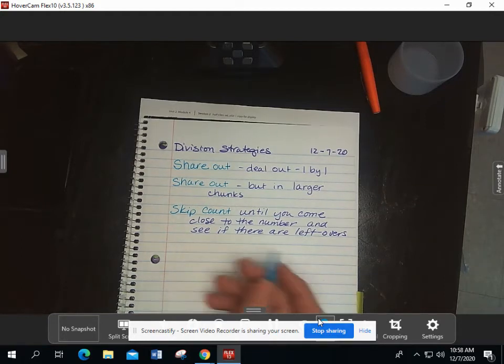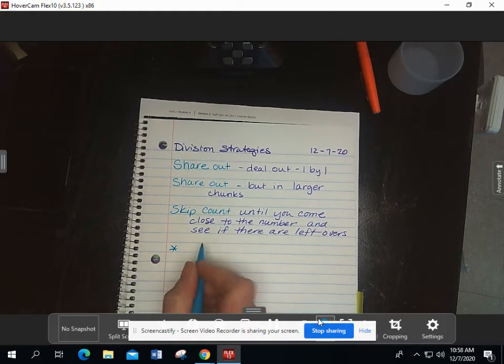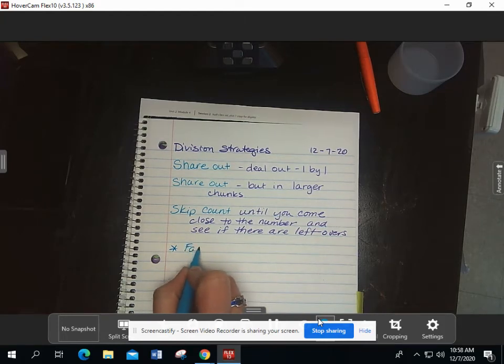And then there's another one that we used. Multiplication. You know how I like to make my symbol so it's faster. Multiplication facts.